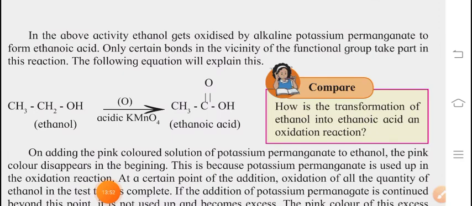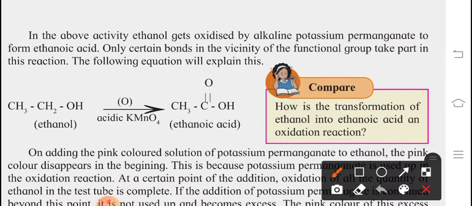So in the above activity, ethanol gets oxidized by alkaline potassium permanganate to form ethanoic acid. After ethanol we are getting ethanoic acid.